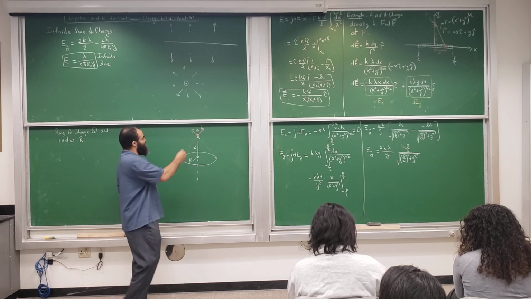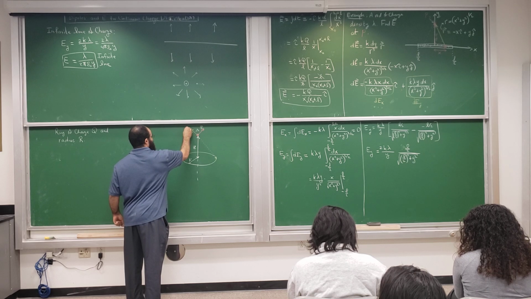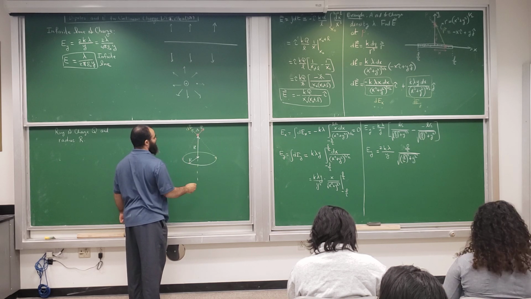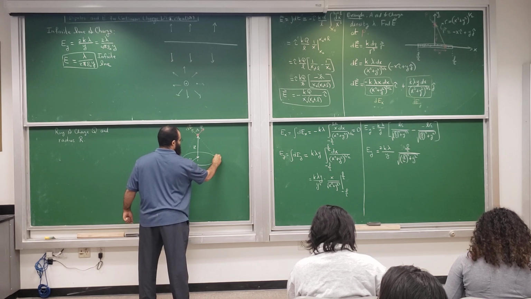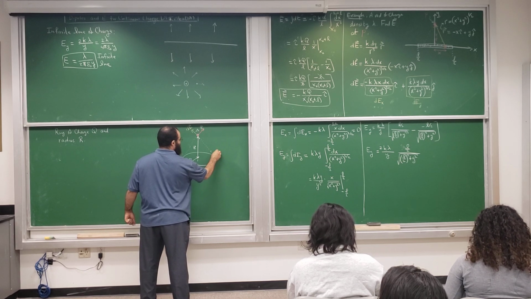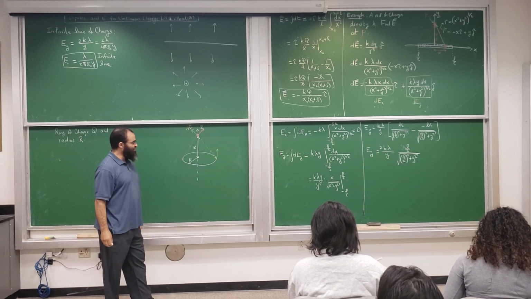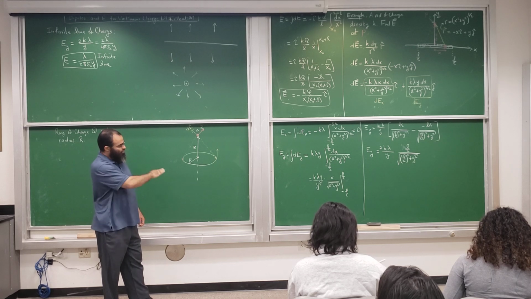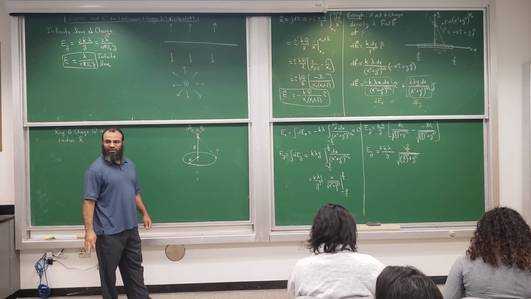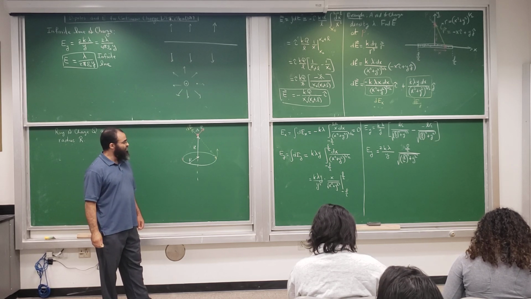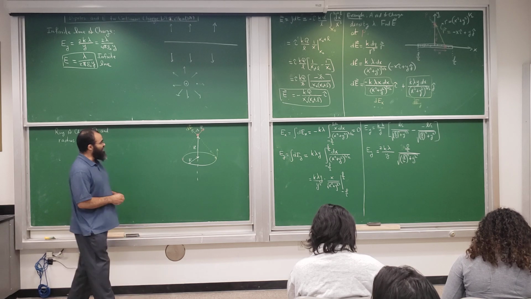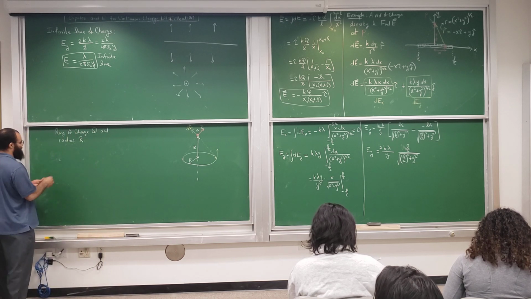So the electric field dE for the yellow one is going to be in this direction, right? Only the z one will survive. The horizontal one is not going to be there. Those will cancel.